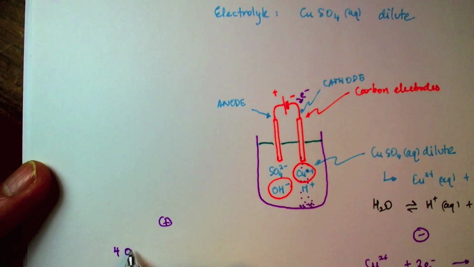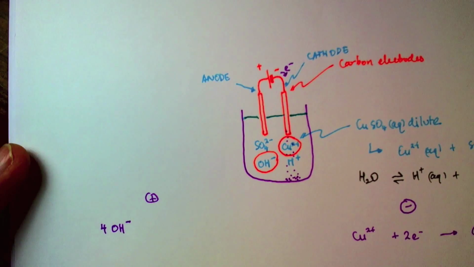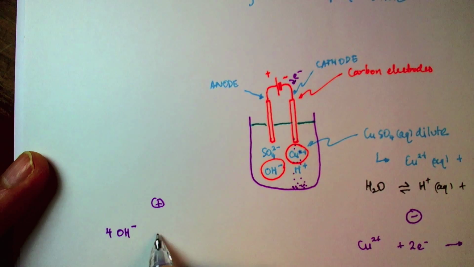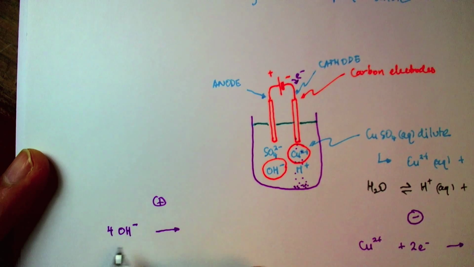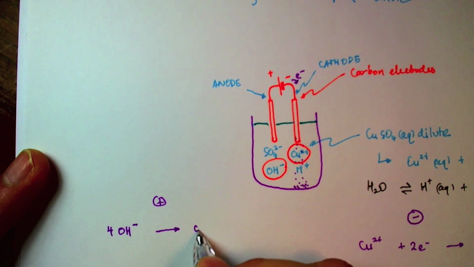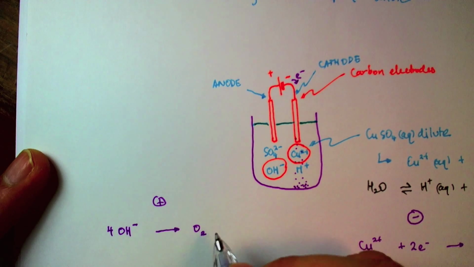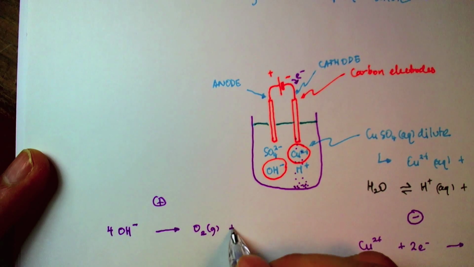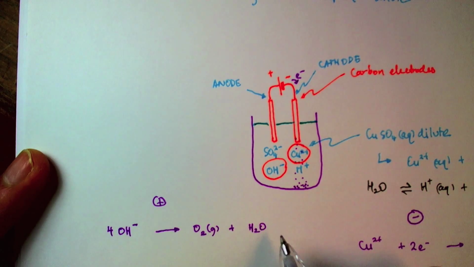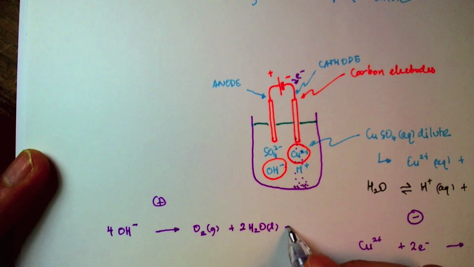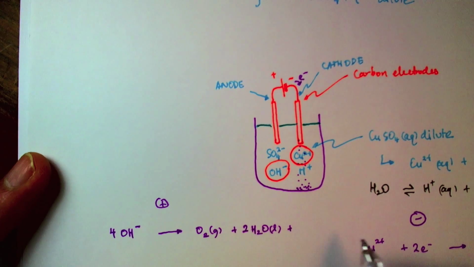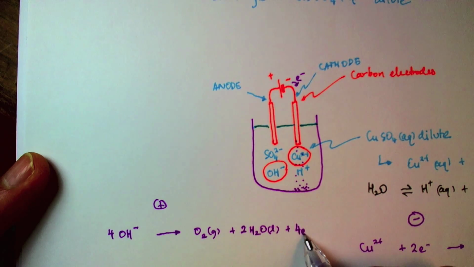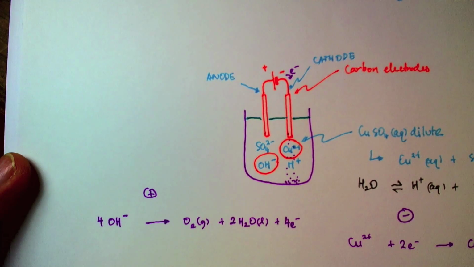We had gone through this equation in previous videos, so I will write it down. When hydroxide is discharged, recall that it releases oxygen gas and water. To balance it, I put 2 here, and since I have 4 negative charges here, I'm going to need 4 electrons to be released here.